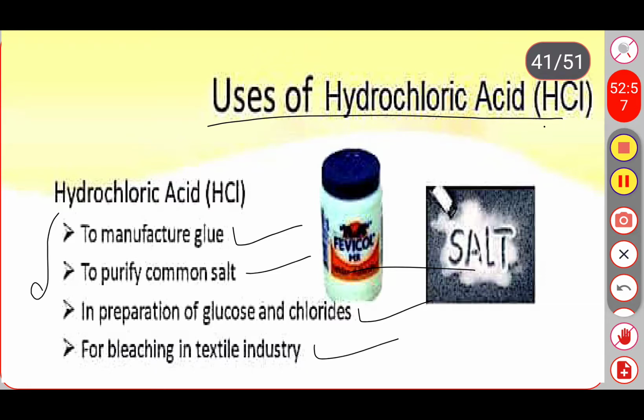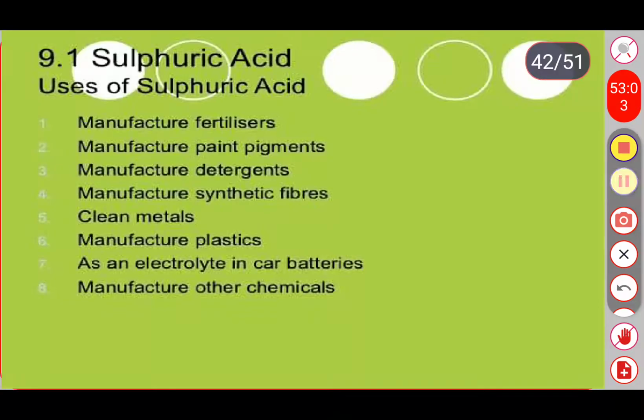The second acid is sulfuric acid. See some important uses of sulfuric acid. Sulfuric acid is used in the manufacturing of fertilizers, paint pigments, detergents, and synthetic fibers.